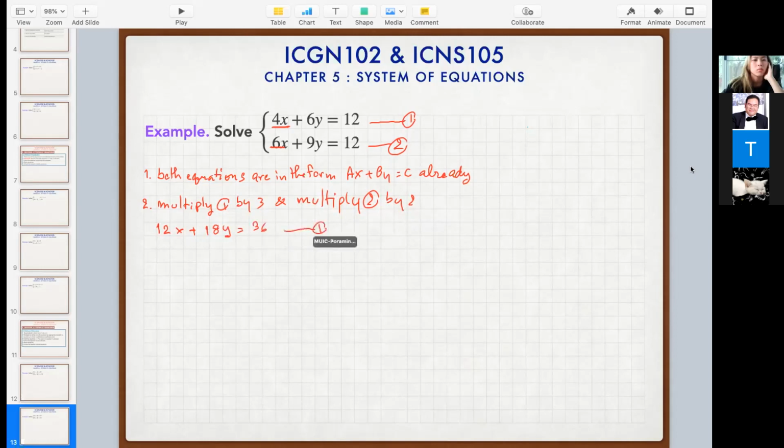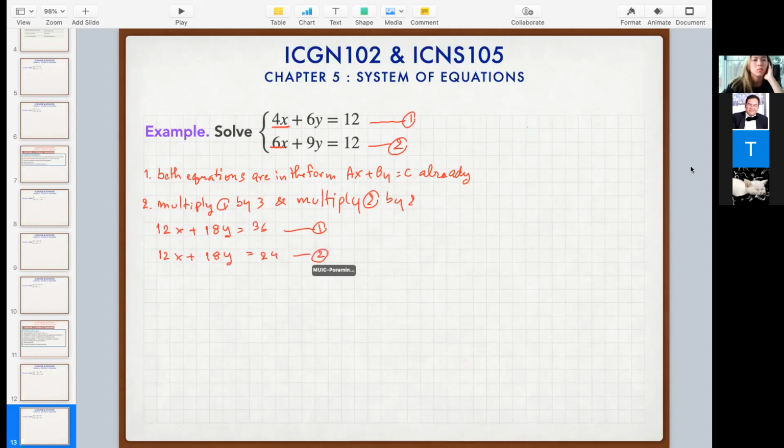This is equation 1. For equation 2, 12x plus 18y equals 24. This is equation number 2.